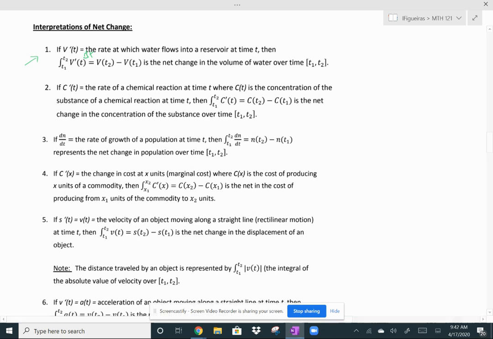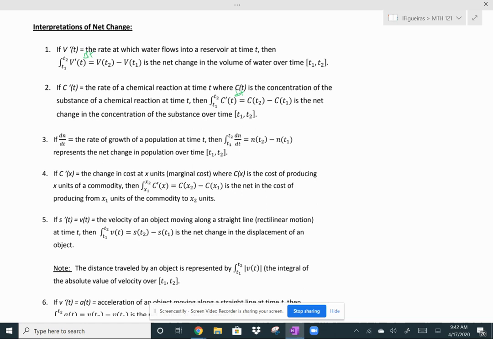Let's look at the second example. If C prime of t is the rate of a chemical reaction at time t, where C of t is the concentration of the substance at time t, then the integral from t1 to t2 of C prime of t dt, with respect to time, is equal to C of t sub 2 minus C of t sub 1.